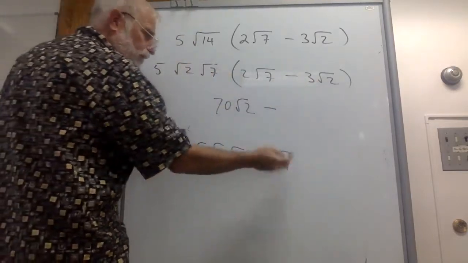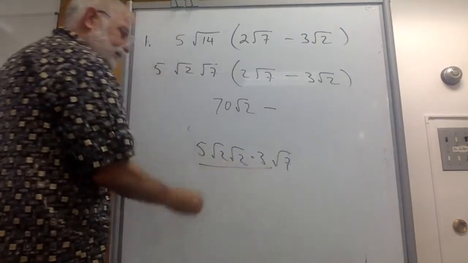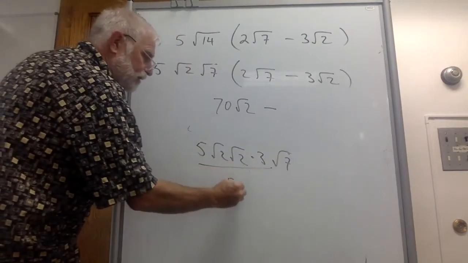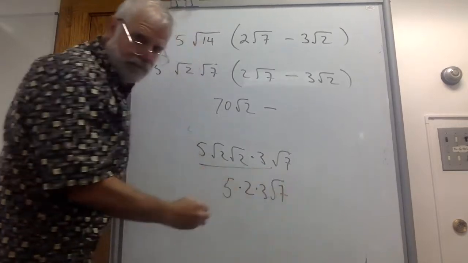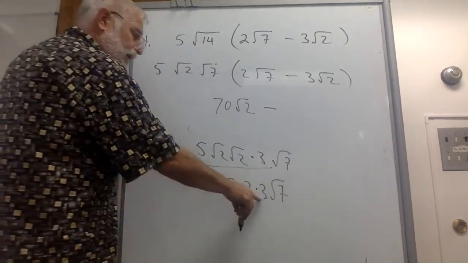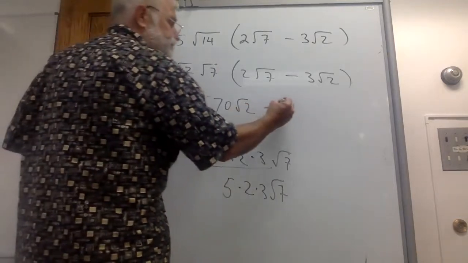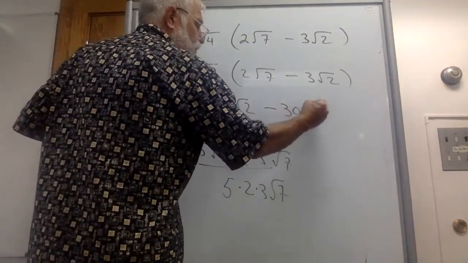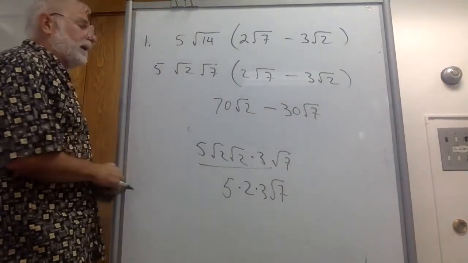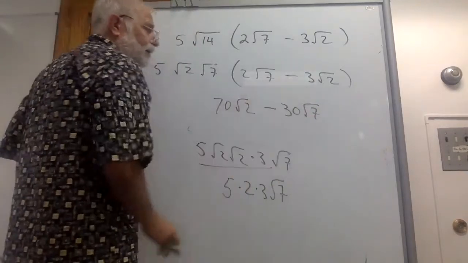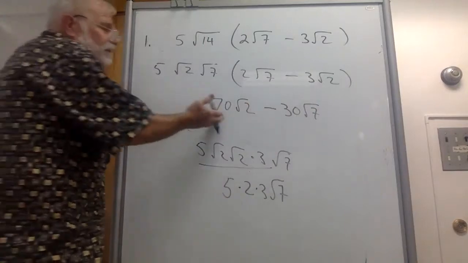That becomes 5 times 2 times 3 times root 7. Yes, you can see everything. 10 times 3, 30 root 7. Root 2 and root 7 are not alike. Can't add. I can't count how many things I have because they're not alike. So this is your final answer.